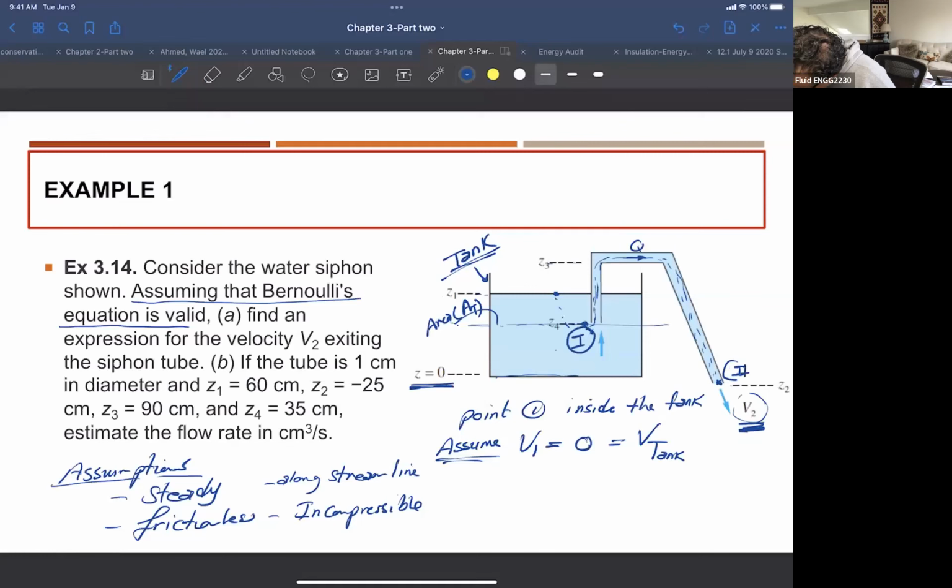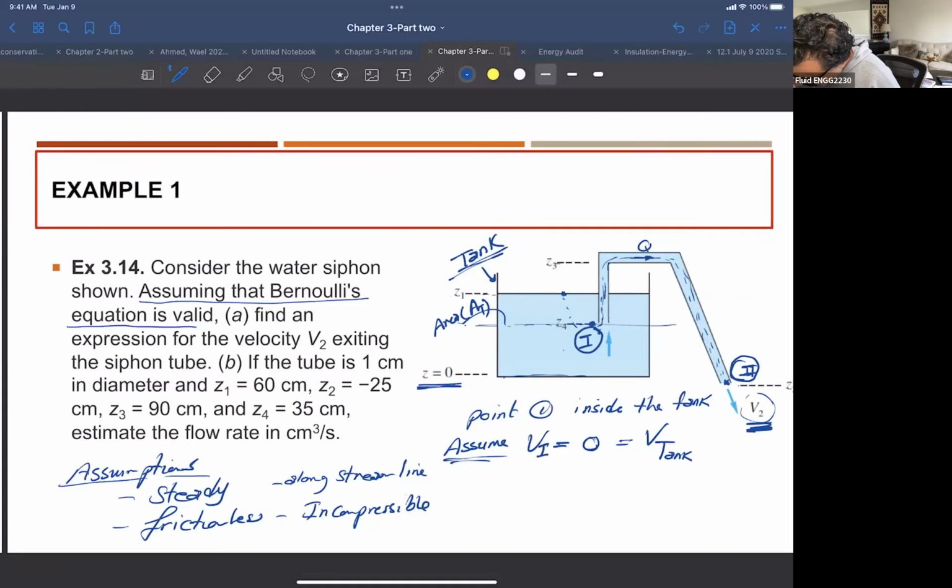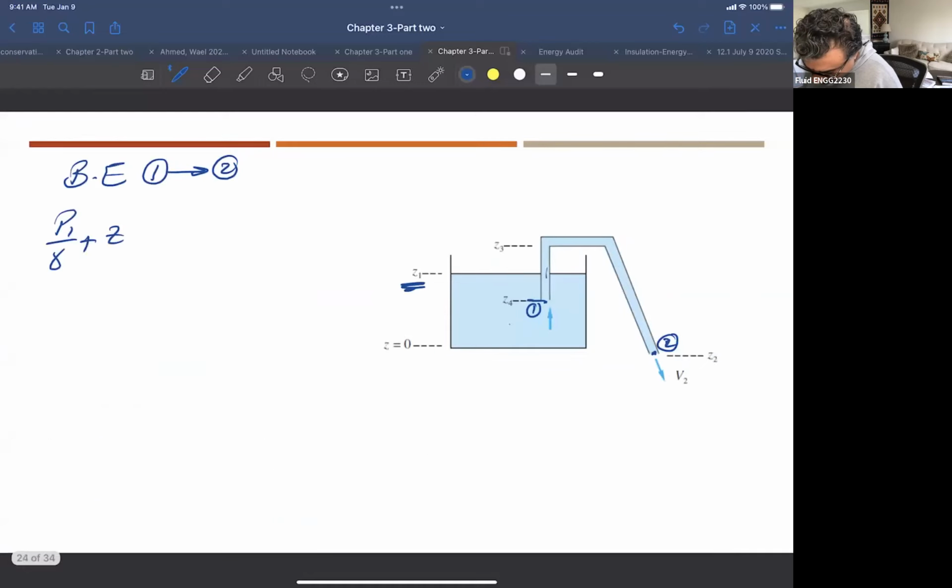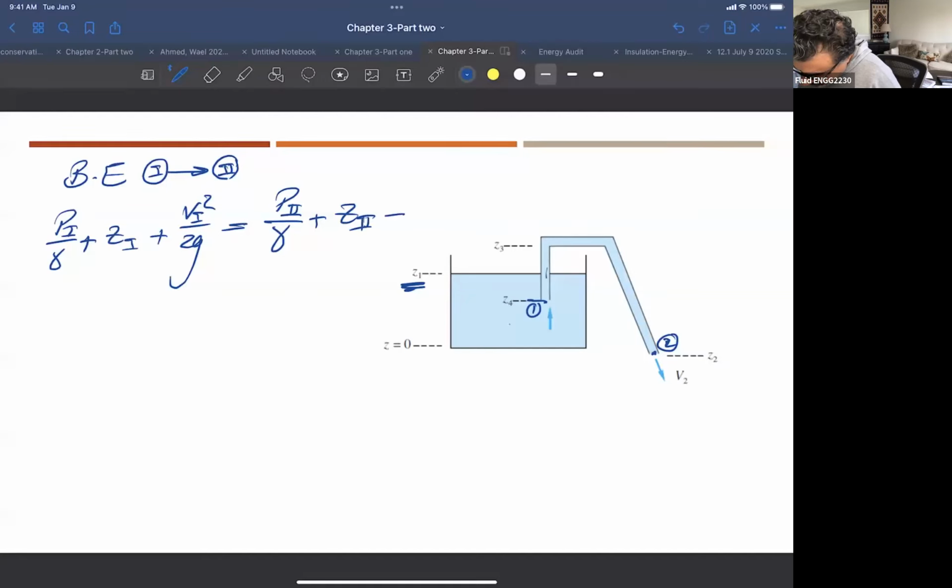So this is 2 Romans here, right? So this P1 over gamma plus Z1 plus V1 squared over 2g equals P2 over gamma plus Z2 Roman plus V2 squared over 2g, right?